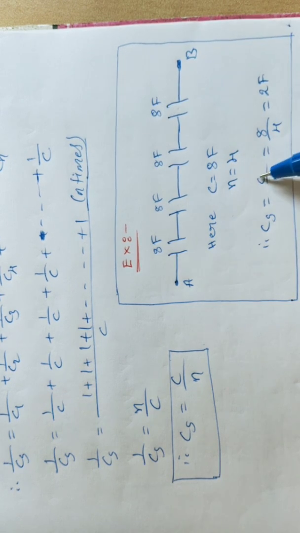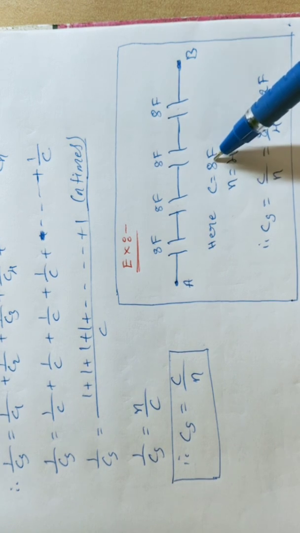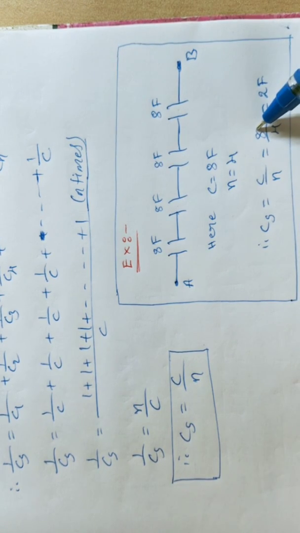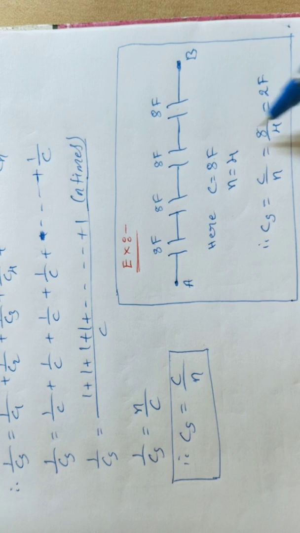Then Cs equals, by the fundamental formula, C by N. Here C is 8 and N is 4. On calculation, the effective capacitance is Cs equal to 2 farads.